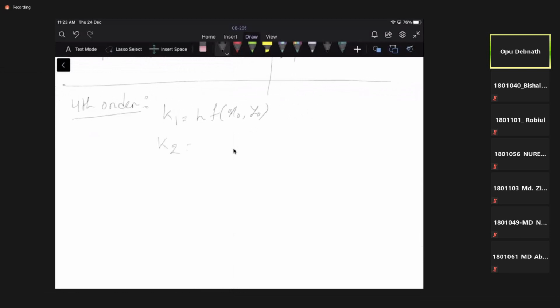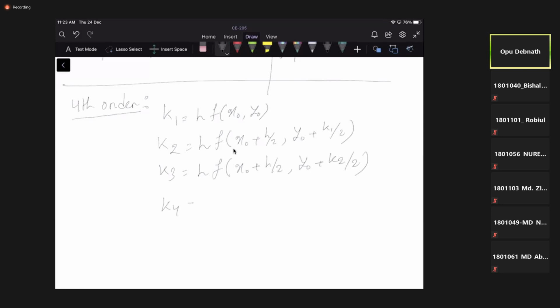For k2, this is h function of x0 plus h by 2, y0 plus k1 by 2. K3 will be h function of x0 plus h by 2, y0 plus k2 by 2.